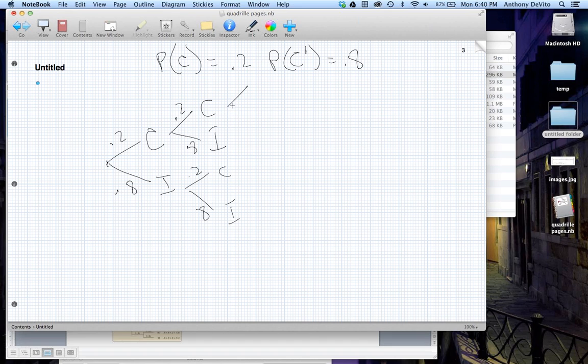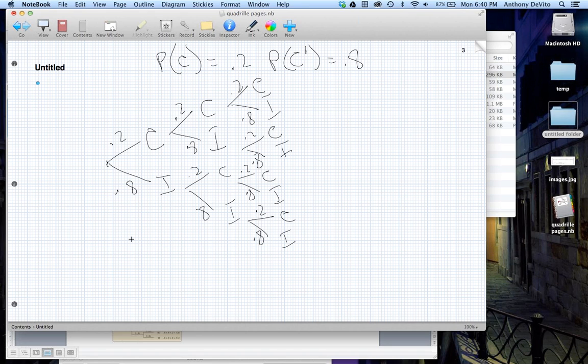Again, I might get the next question correct or incorrect: 0.2, 0.8, and 0.2, 0.8 for correct and incorrect. And finally, the last one, 0.2 and 0.8, correct and incorrect.